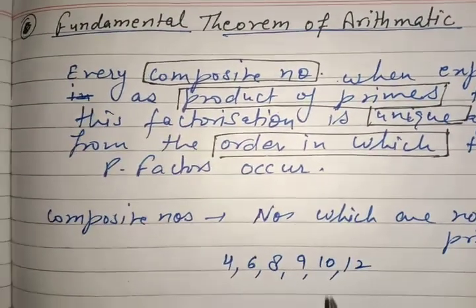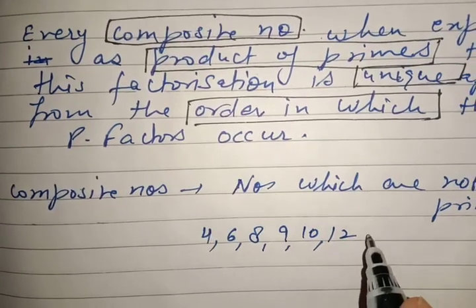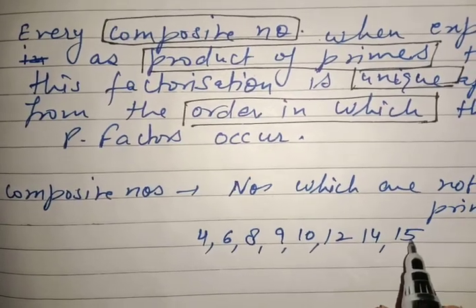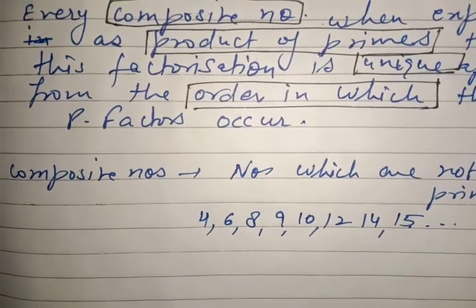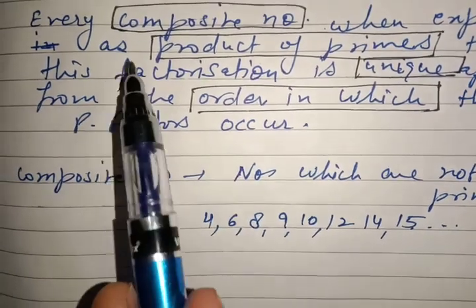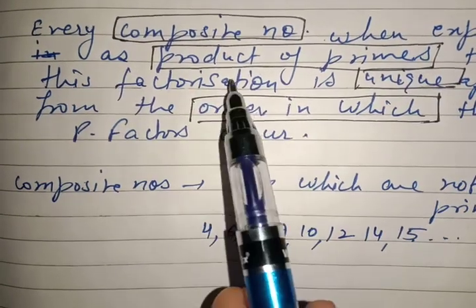Some students think that all even numbers. No, 9 is there, then 14 is there, 15 is also there, 15 is odd number. So don't think that composite are the even numbers. Numbers which are not prime are composite.